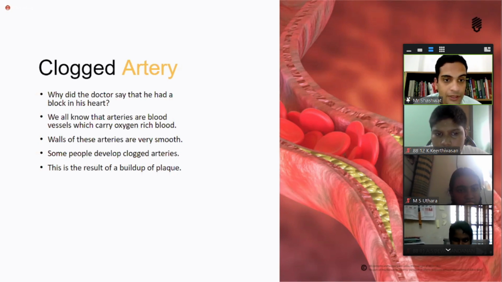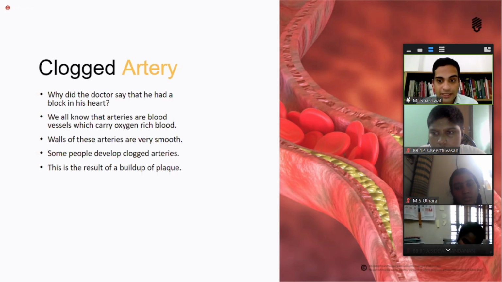Now, what will happen then? If your organs do not get enough supply of oxygenated blood, what will happen? They won't be able to function properly. We won't be able to survive. Okay. So our organs require a supply of oxygenated blood, and that is carried from our heart. Now, our heart has blood vessels.